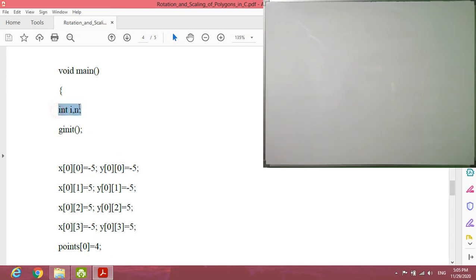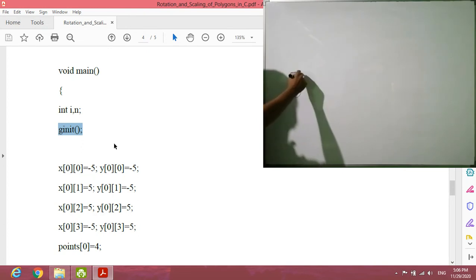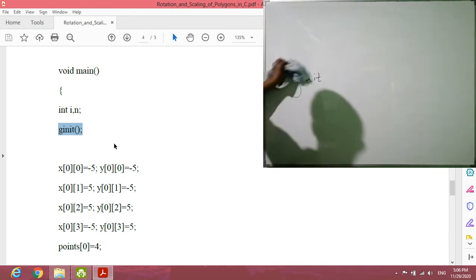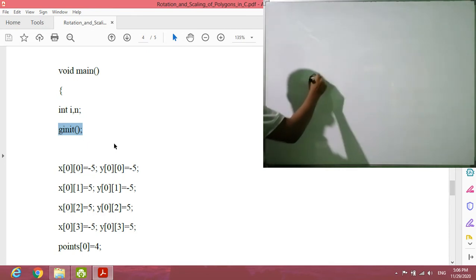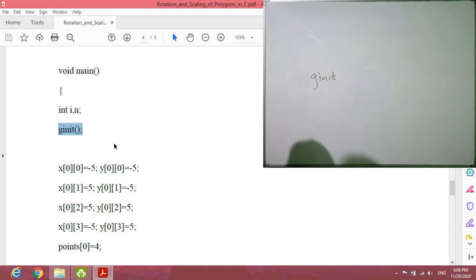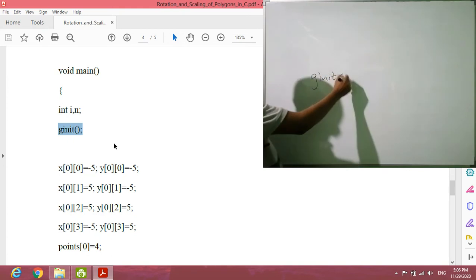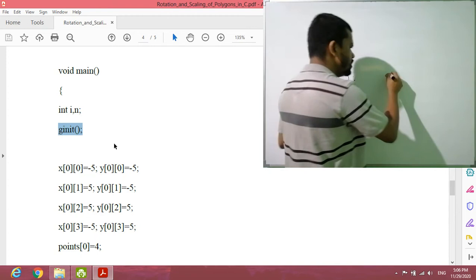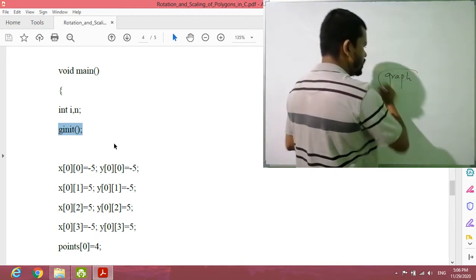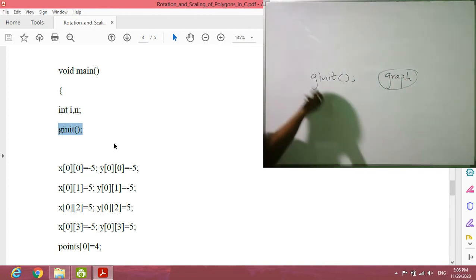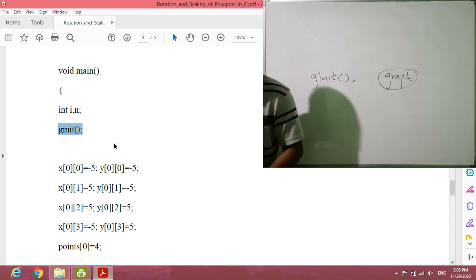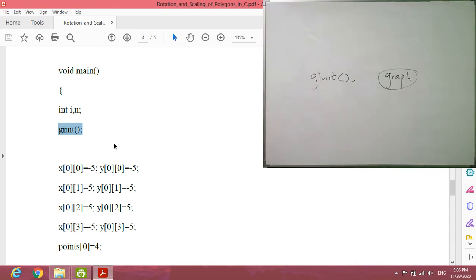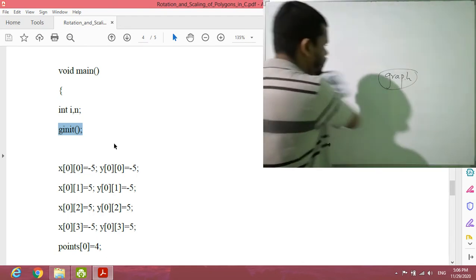Here we declare two integer variables, then call the Ginit function. This function is declared inside this particular header file. The purpose of this function is to initialize graphics. If you work with your own program, you do not have to worry about this particular function.